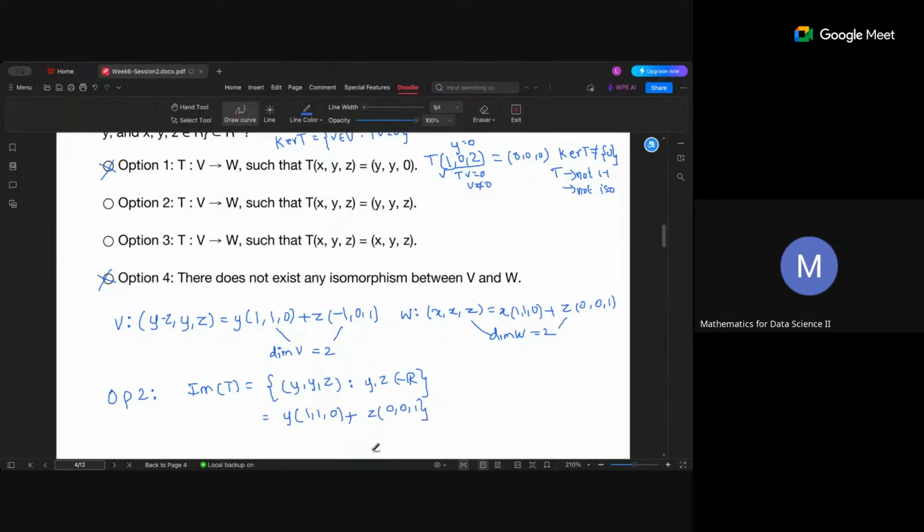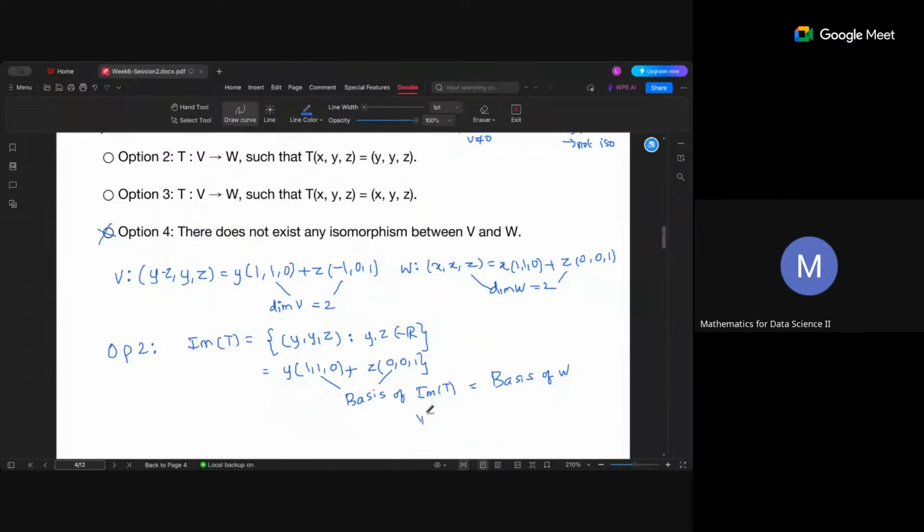Yes or no? So now these form the basis of image of T, which is the same as image of basis of W. So this means image of T is same as W. Yes or no? Yes, ma'am. Okay, so this means that T is onto.